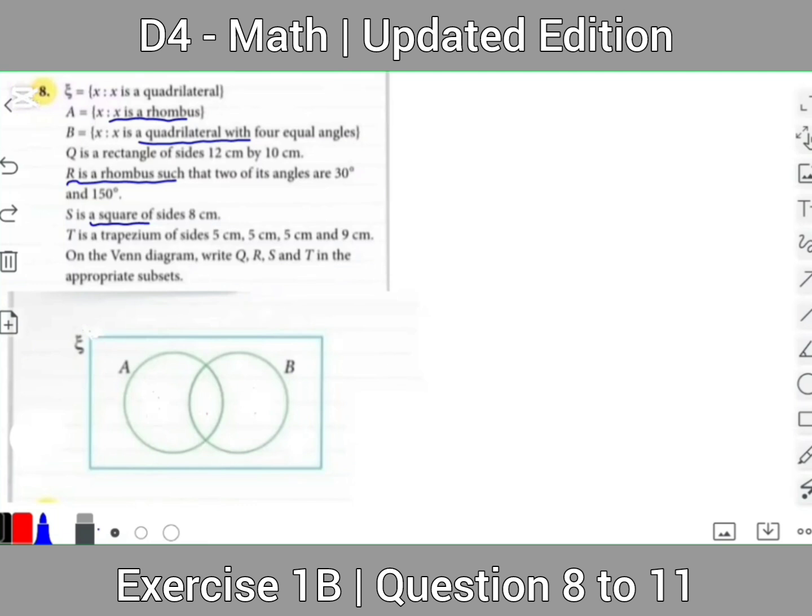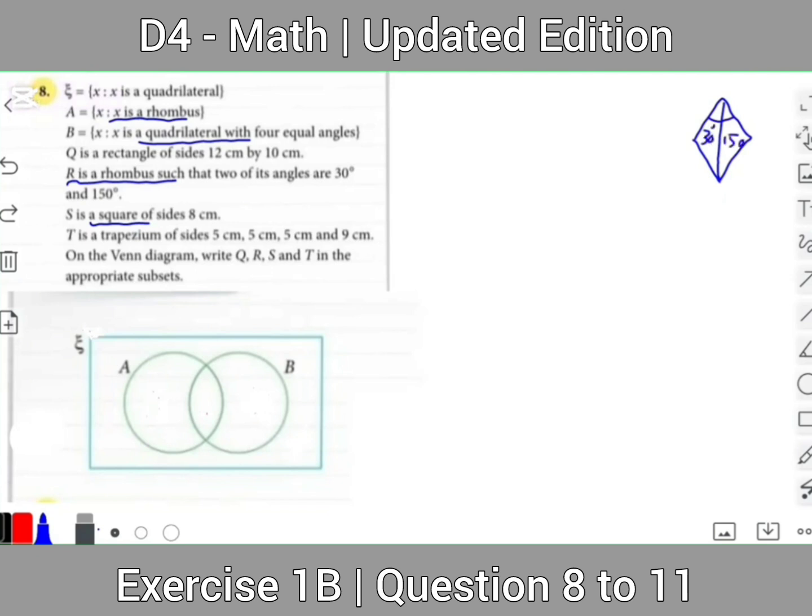Since R is a rhombus and A is also a rhombus, but there is a bit of difference between R and A. R is a rhombus such that two of its angles are 30 degrees and 150 degrees. So this will look like this. Its adjacent angles add up to 180 degrees.